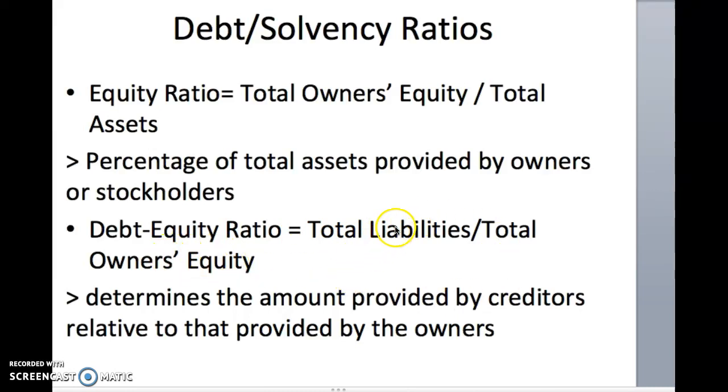Or in other words, your assets are funded more by liabilities or by debt than equity. If you have a value of 1 in your debt to equity ratio, then it means that your assets are equally funded by your debt and your equity. Now, if you get a value less than 1, it means that the company is funded more by equity.